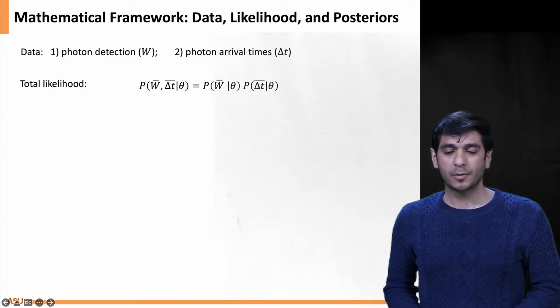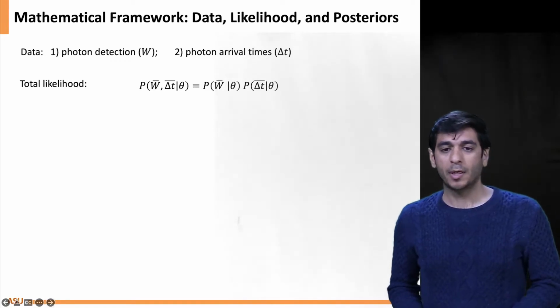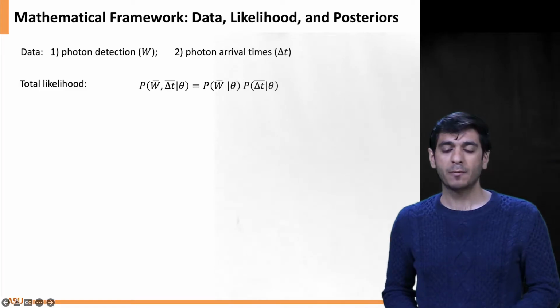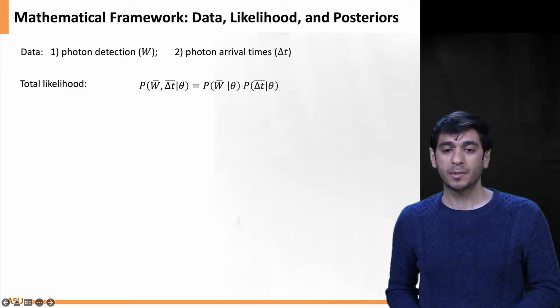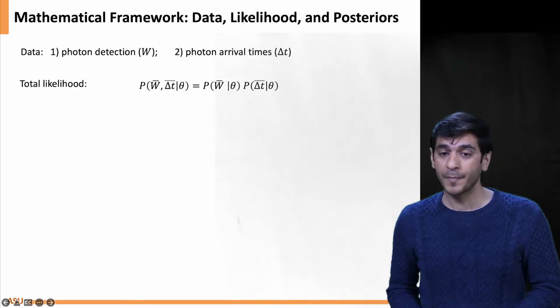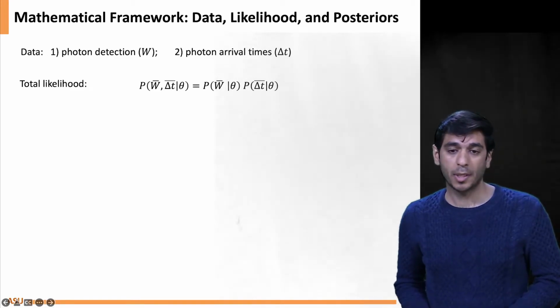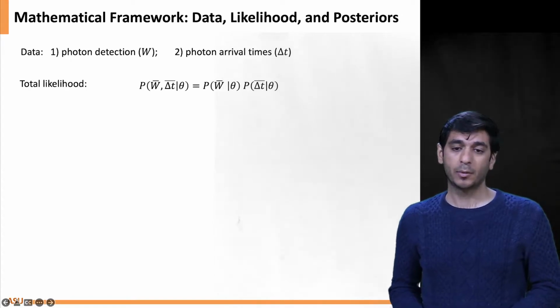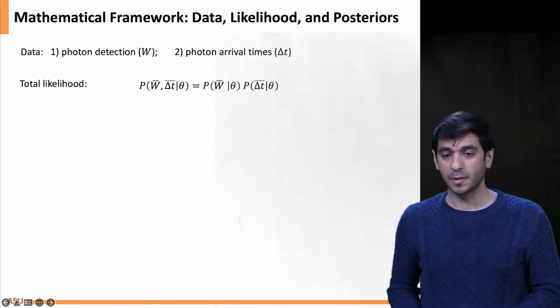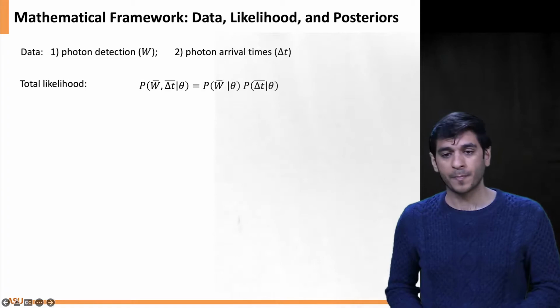My likelihood is going to be the probability of observing this data given the set of unknown parameters, theta, and the total likelihood is simply the product of the likelihoods for each of these observations.